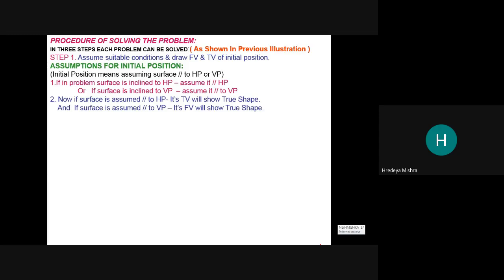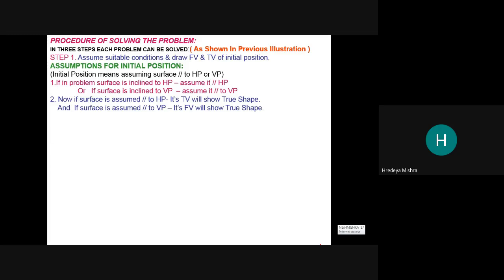Now assumption 2. If the surface is assumed parallel to the HP, its top view will be the true shape. Okay, if we assume it is parallel to HP, it means its top view shows the true shape. And if the surface is assumed parallel to the vertical plane, its front view will be the true shape.